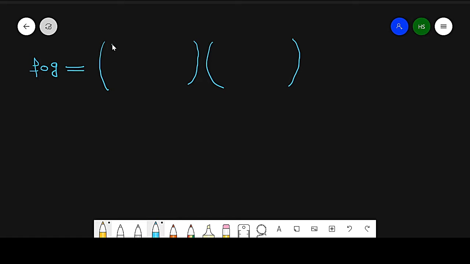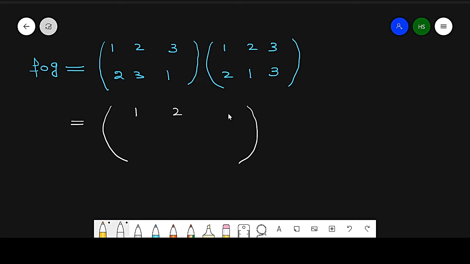So this is 1, 2, 3, 2, 3, 1, then 1, 2, 3, 2, 1 and 2, 1 and 3. So this is a composite map, a product. The domain is always the same, so 1, 2 and 3.